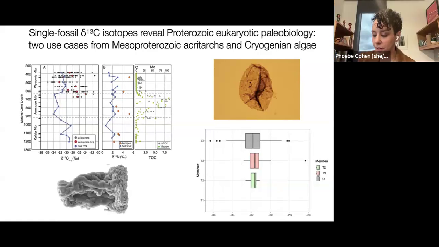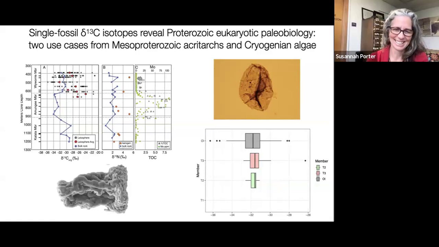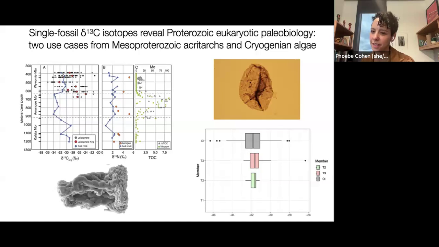Yeah, that's a great question. I guess the question is, do we think Asgard archaea type organisms would make resistant preservable structures? One argument would be, well, yes, because they're the cytoplasmic bag of the eukaryote. But I don't know that we have much data from the modern to support that. Maybe you know more than me. So that would be one of my arguments, but your point is well taken.